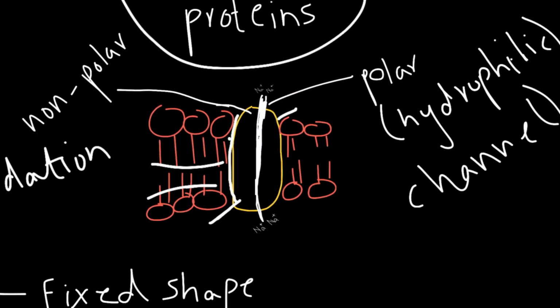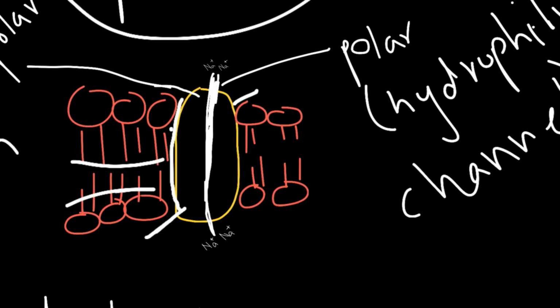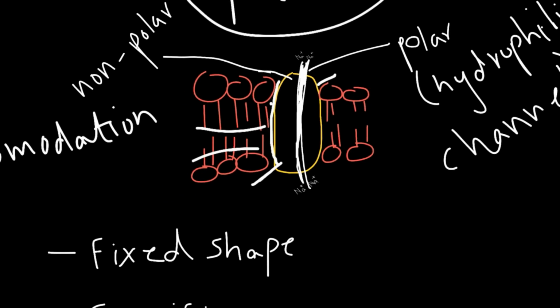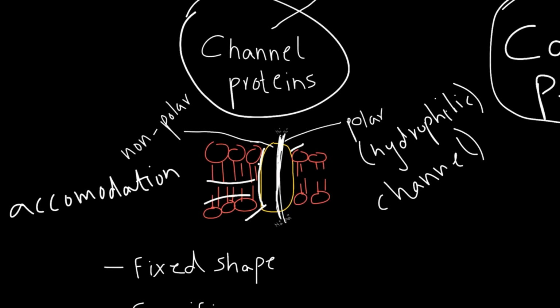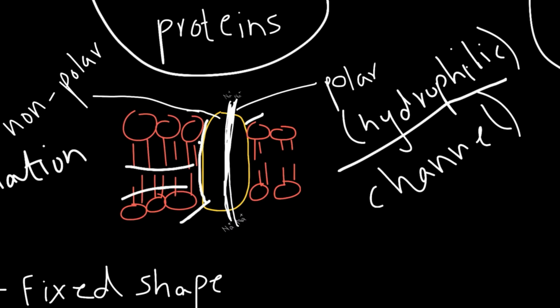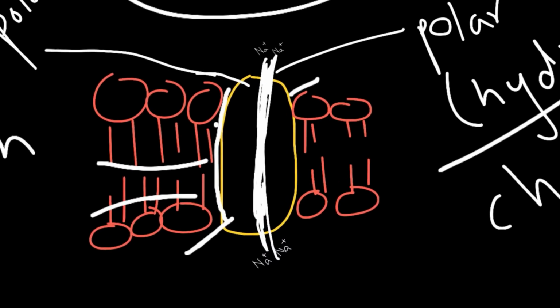However, there is this very narrow channel that I've marked with white, this channel right here. This channel is a polar or a hydrophilic channel. Now we've learned hydrophilic means polar, and it is a water-filled channel, right? So it helps those polar substances that we couldn't transport earlier to get transported internally.